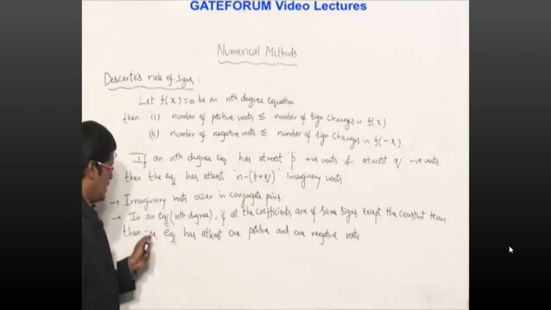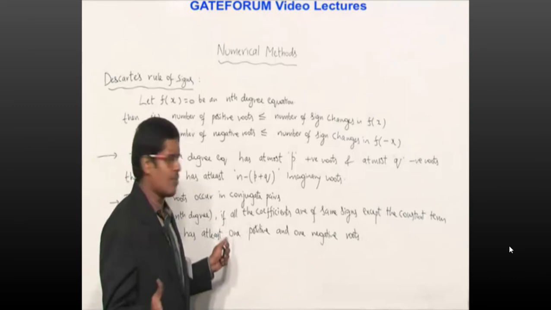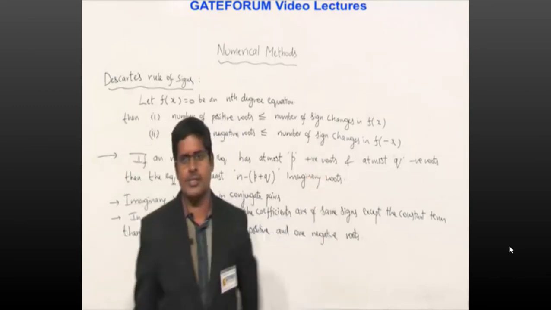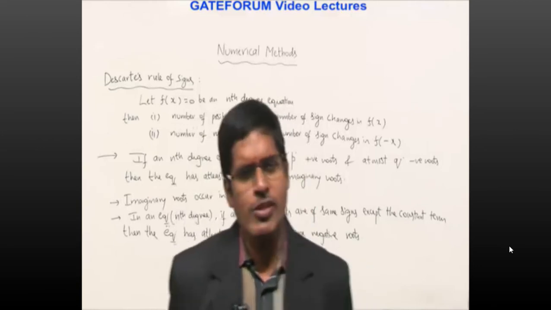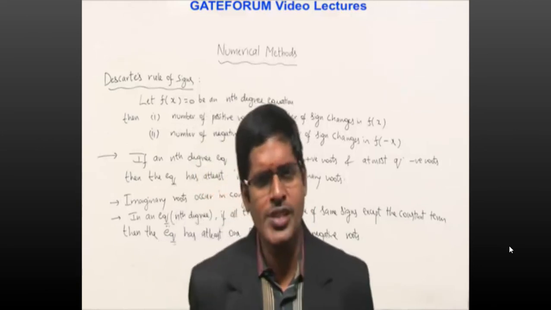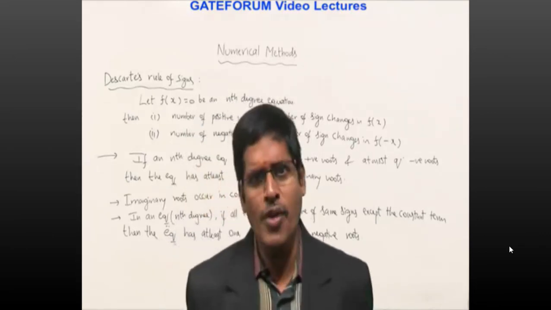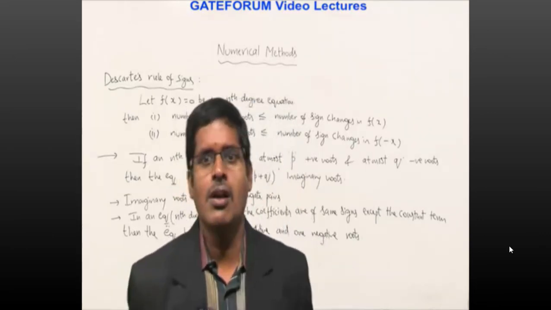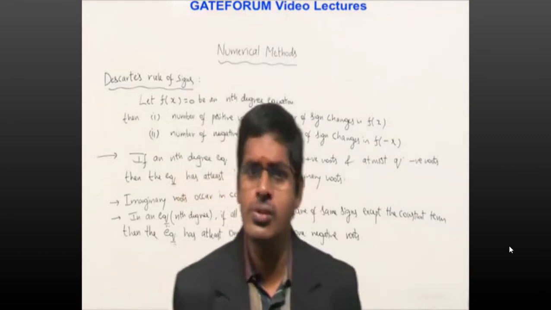And in an nth degree equation, that is 4th degree or 5th degree or cubic equation, quadratic equation, suppose all the coefficients are of the same sign. Suppose x square plus x minus 2 is equal to 0. X square coefficient is positive, x coefficient is positive, but constant term minus 2 is negative. All the coefficients are of the same sign except the constant term. Then that equation has minimum 1 positive root and 1 negative root.